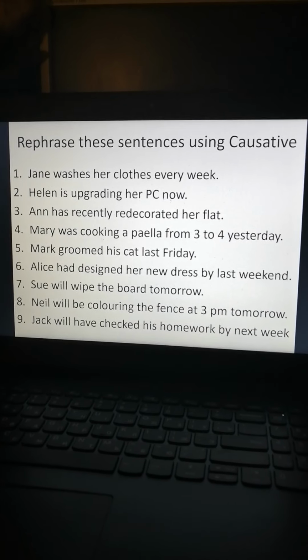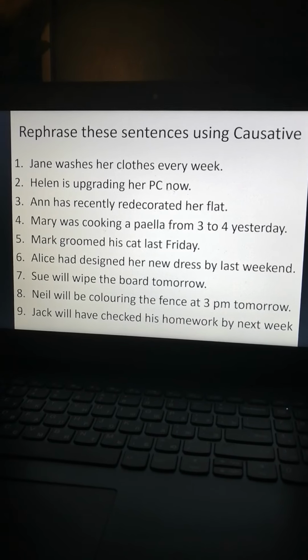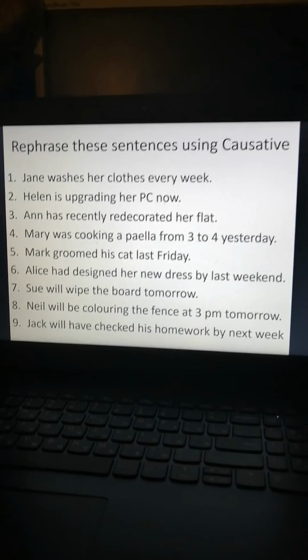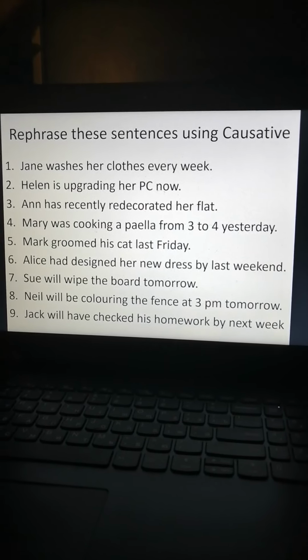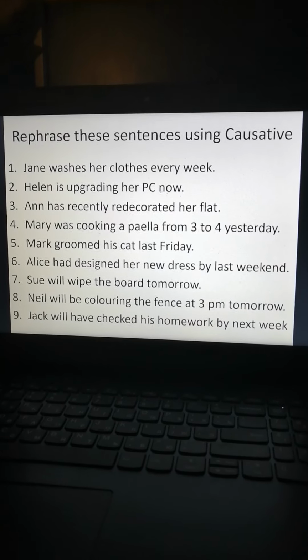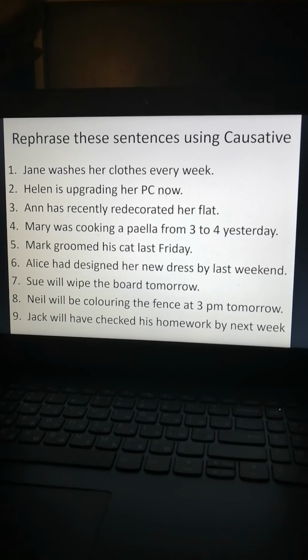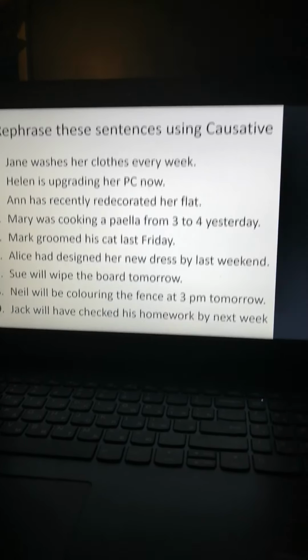So if you understand that this sentence uses causative, you should put the main verb in the third form, whatever tense it is. Because all the tense differences are shown by the second brick, which is have or get in any tense.